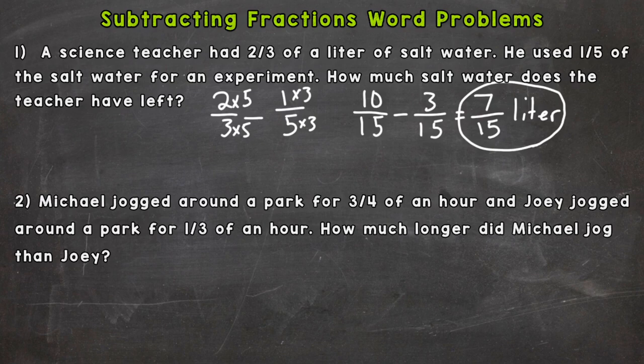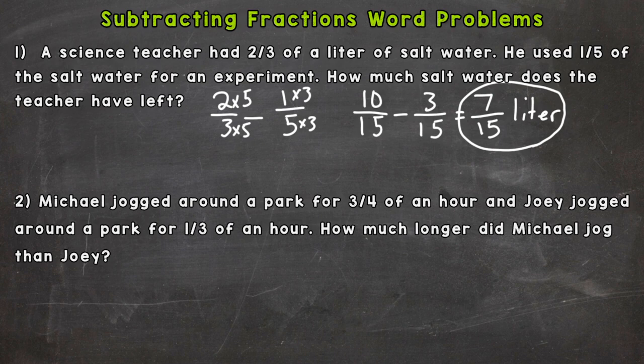Number two, Michael jogged around a park for 3/4 of an hour, and Joey jogged around the park for 1/3 of an hour. How much longer did Michael jog than Joey? Well, this is a difference problem.